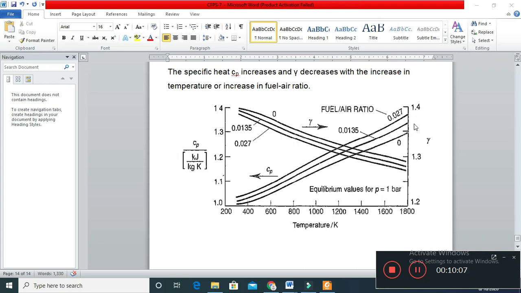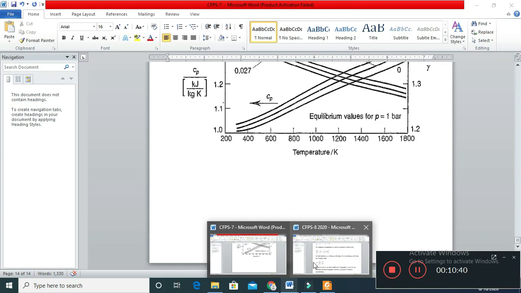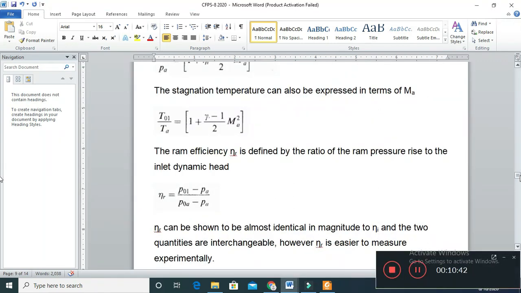Similarly, the fuel-air ratio also changes the specific heat. Addition of fuel will result in increase of specific heat. The ratio of specific heat reduces with the increase in temperature, and the specific heat ratio increases with the increase in air fuel ratio. So this is another difference when we study real cycles in comparison to the ideal cycles.